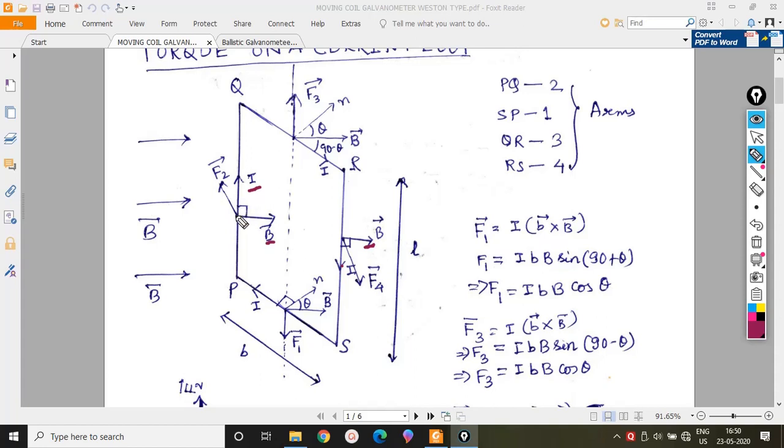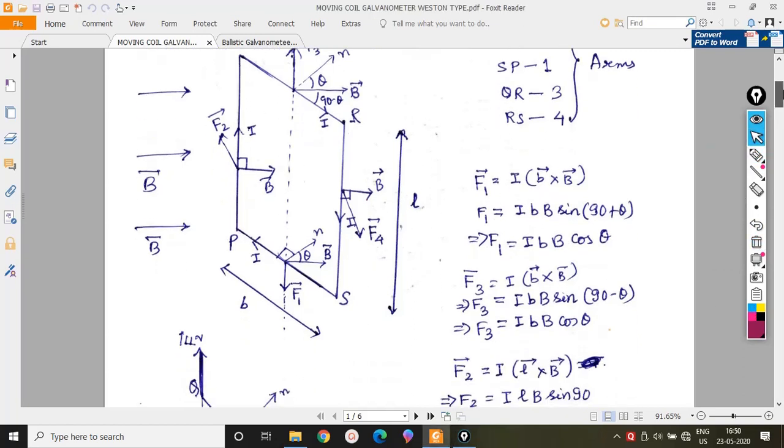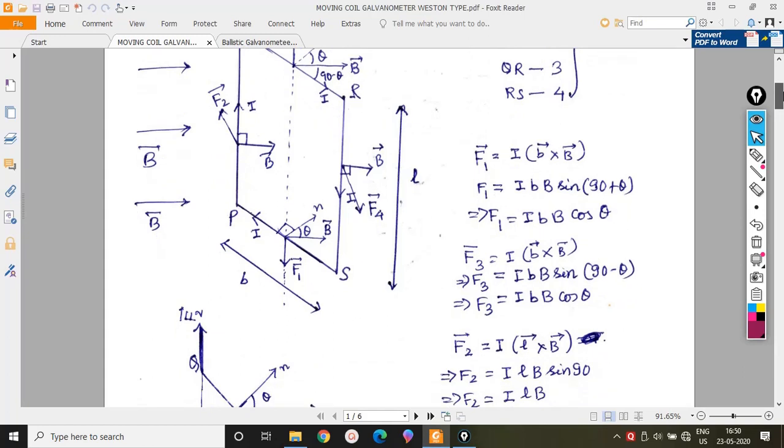But what are their values? We have seen that F2 will be directed this way by the rule of cross product, and F4 will be directed this way by the rule of cross product. But what will be their values? So their values I'm going to show you now.